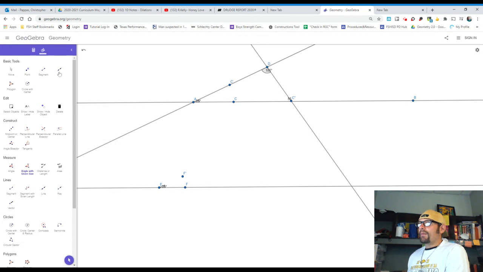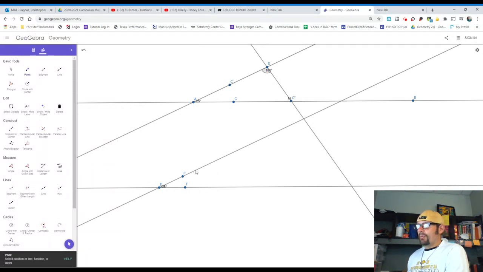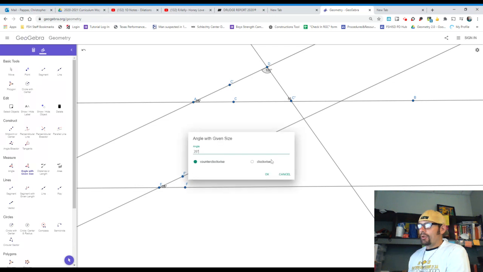Okay. So 25 degrees. We'll make a line through it right there. And let's make this thing a little bit smaller. So we'll put another point here, point G. Okay. And now we'll do our 100-degree angle. So angle with a given size, we'll go through point F, through point G, 100-degree angle down there.